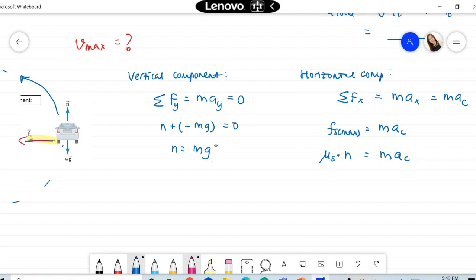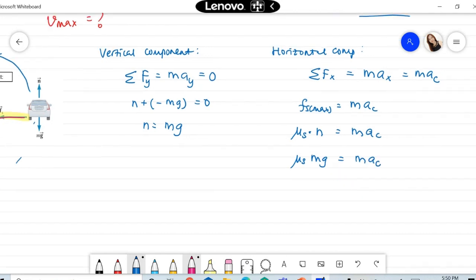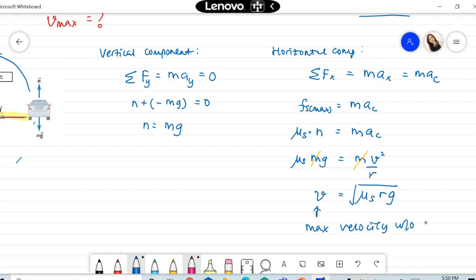I already got the normal force equal to mg. I substitute in and eventually you will get mu s mg equals mac. So what is ac? ac is v square over r, where r is the radius of the circle, right? From here m can be cancelled out. From here you can get v equal to the square root of mu s r g. And this will be the maximum velocity of the car without slipping.